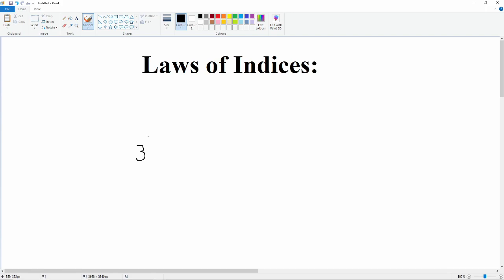Let's say 3 raised to the power 2, and now what we want to do is multiply this by 3. So that's basically saying 3 times 3, which then has to be multiplied by 3. Well, now we have 3 3's, so this is equal to 3 to the power 3.